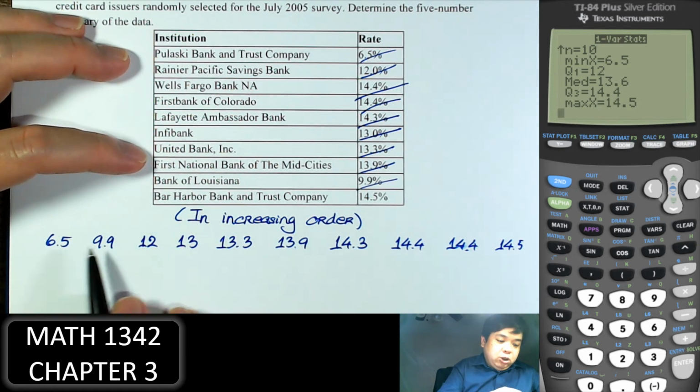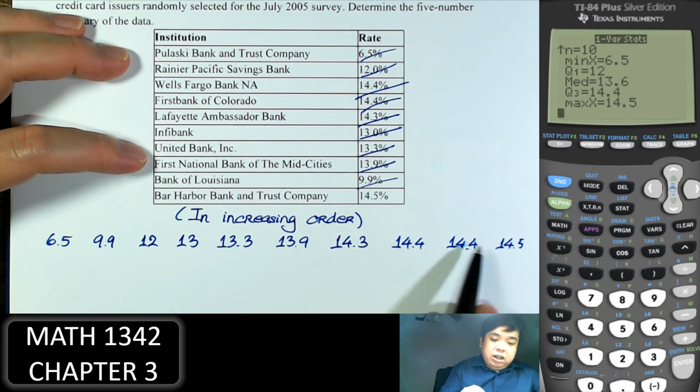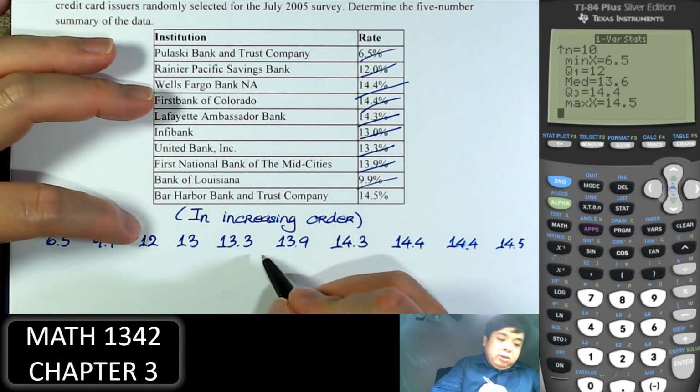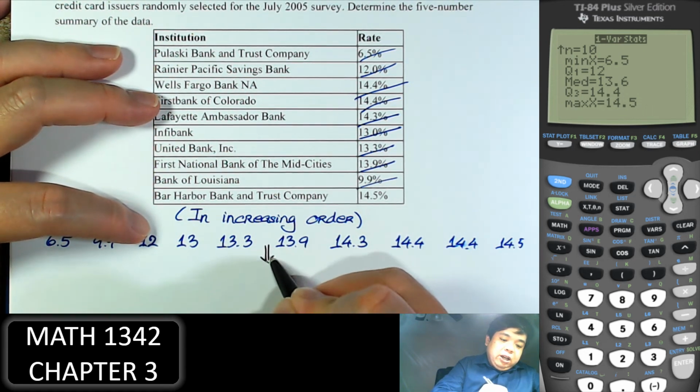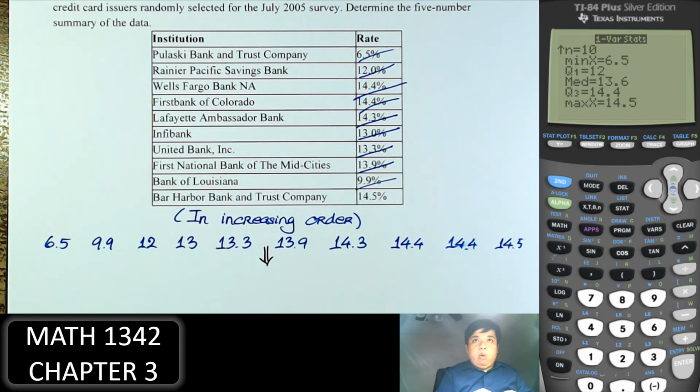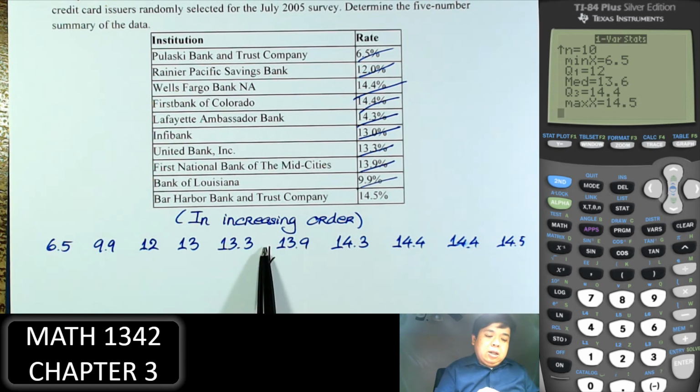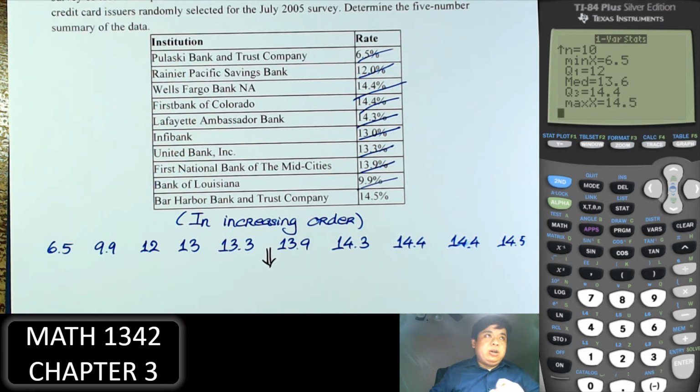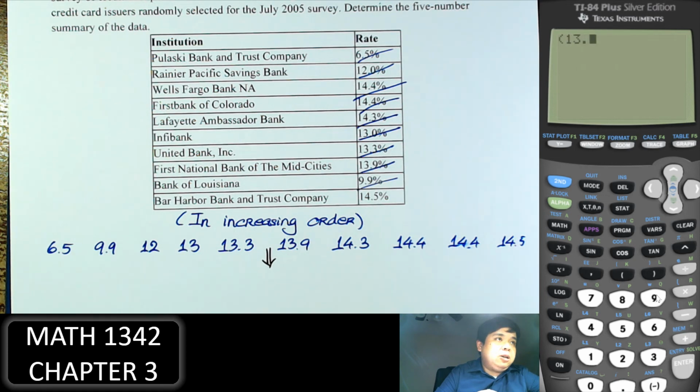So 1, 2, 3, 4, 5, 6, 7, 8, 9, 10. So the middle will be right here, 5 above and 5 below. So there's nothing in the middle. We have to take the average. 13.9 plus 13.3 divided by 2 is 13.6.